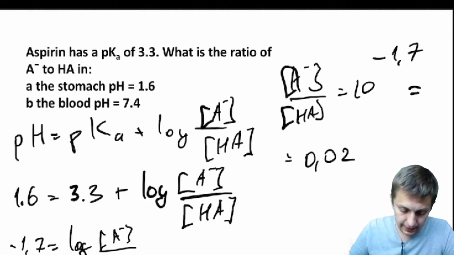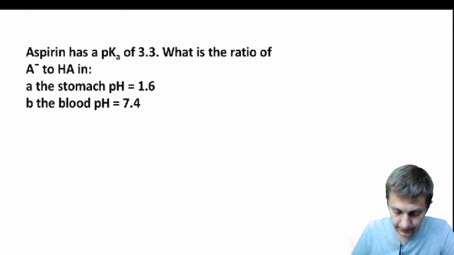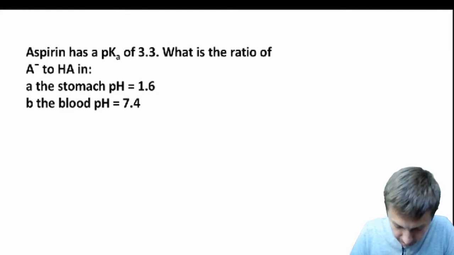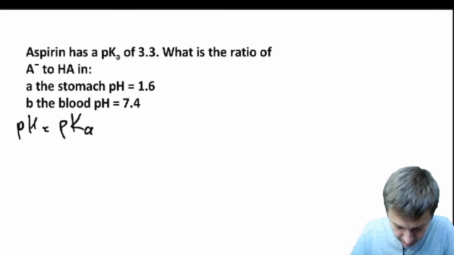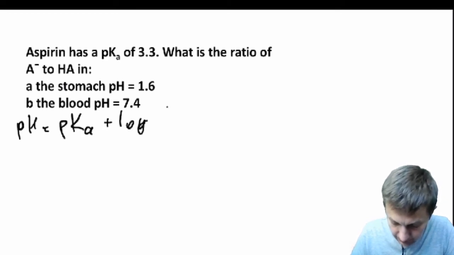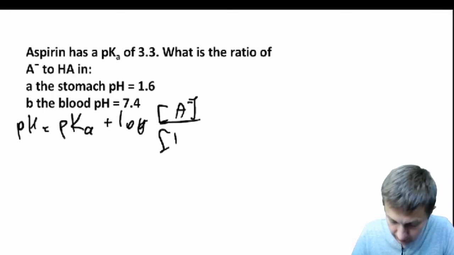Let's do the same for blood. pH equals pKa plus log A minus divided by HA.